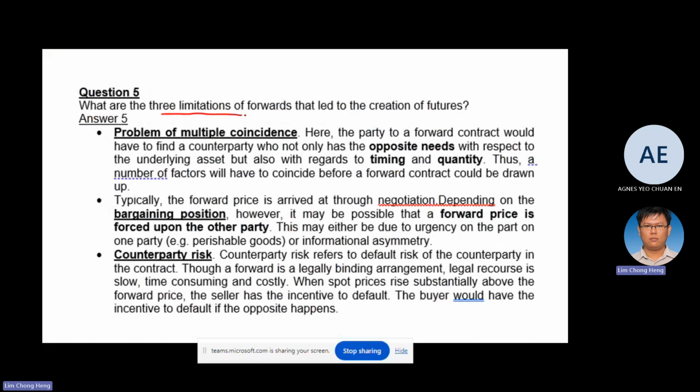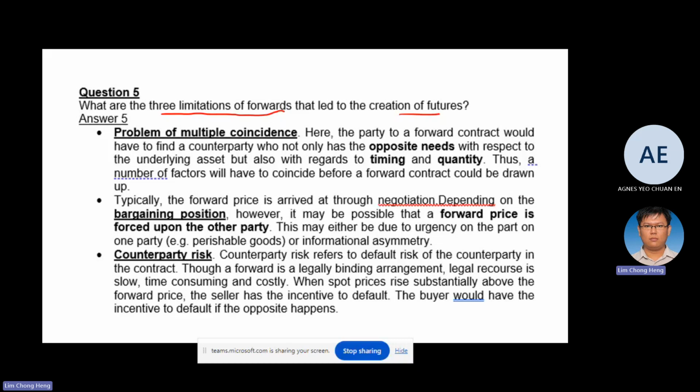The limitation of the forward contract linked to futures. Okay. The first contract in the derivative market is the forward contract. The forward contract has limitations. They have 3 limitations. The first is multiple coincidence.